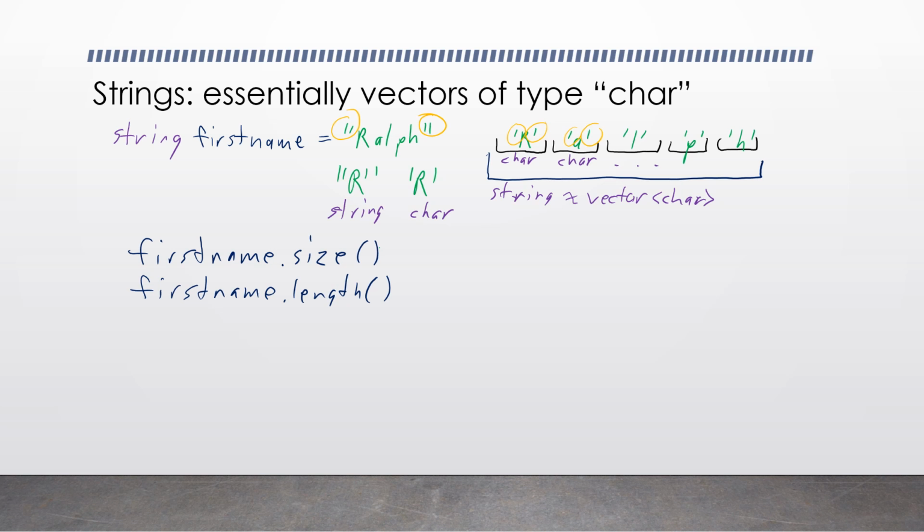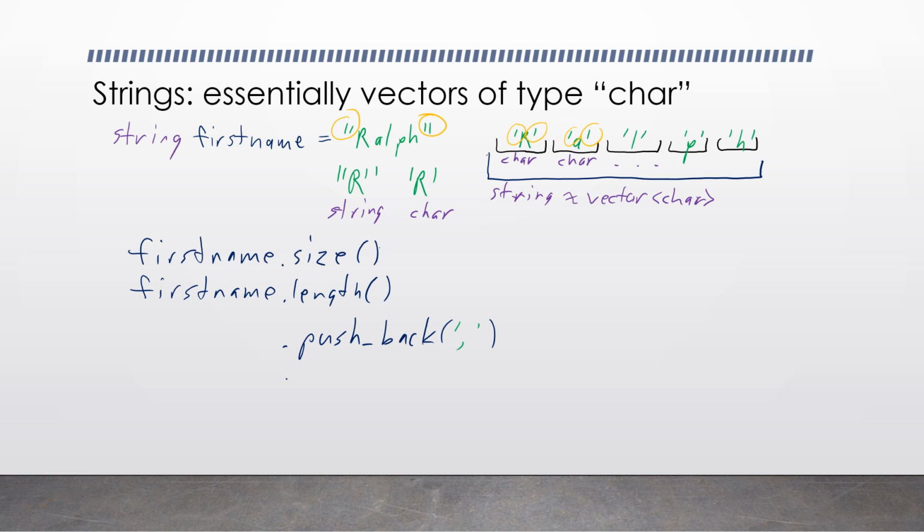You can do .push_back to add a character to the end of your string. So if I want to add a comma at the end of my string, I could do that.